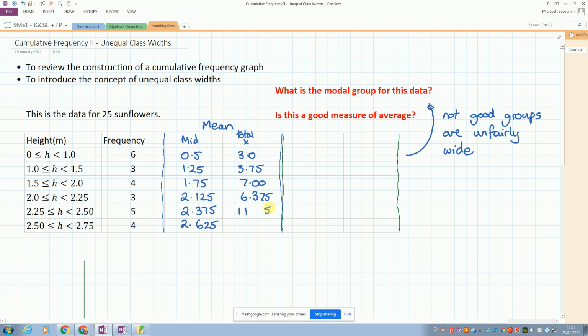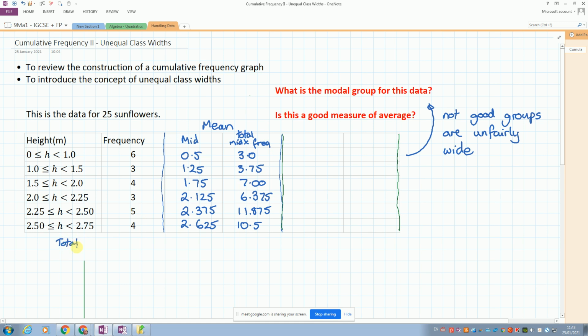And I need to do this one on the calculator. So it is 5 times 2.375. That's 11.875. So that's mid times frequency. And we've got 4 times 2.625. It's 10.5.